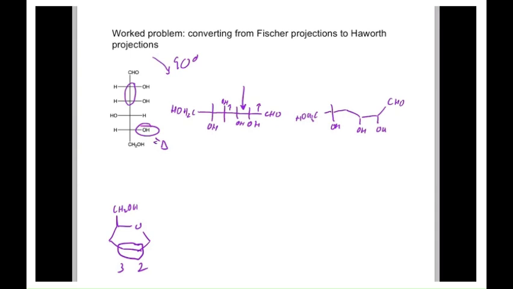So essentially what we're going to do is rotate. I'm sorry, in this structure I forgot to draw carbon 4. So we're going to rotate so that this ends up over there. Let's go ahead and do that.